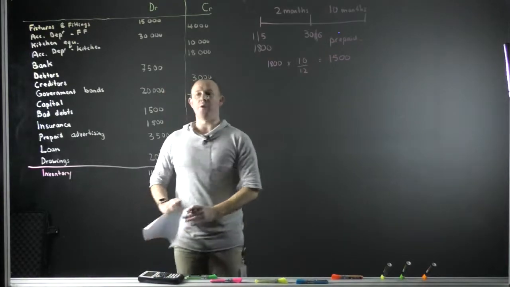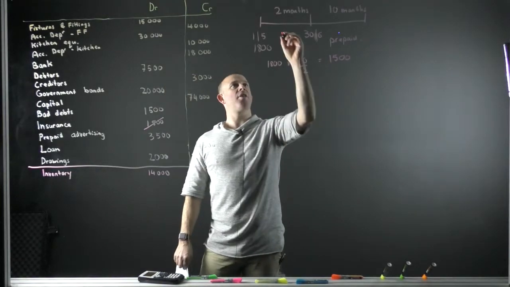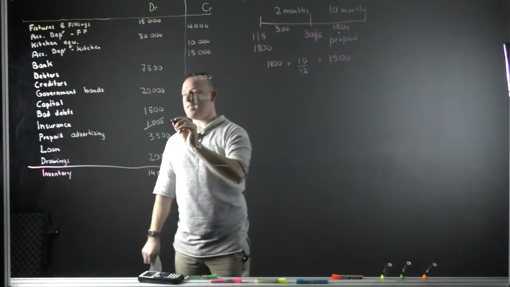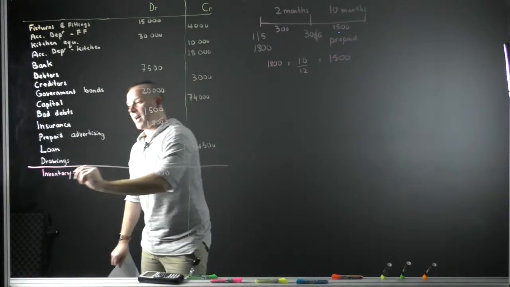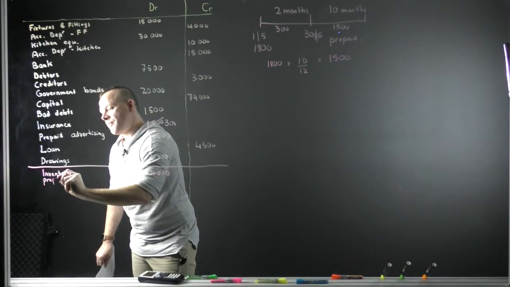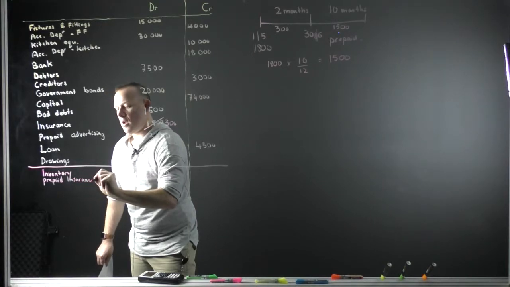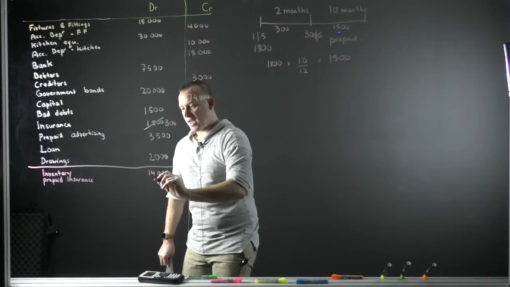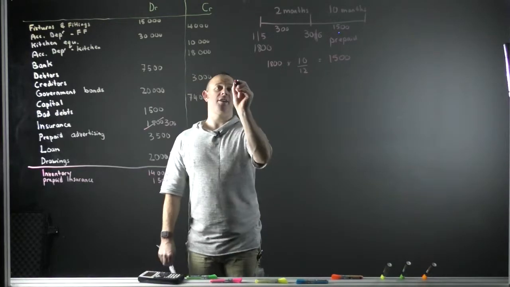So we need to cross this amount out, and we can work out that with 300 here and 1,500 here. So this number needs to be 300, and then we're going to have a prepaid insurance, and we've decreased this by 1,500, so this is going to be increased by 1,500 to make the debits and credits equal. And that is that transaction done.